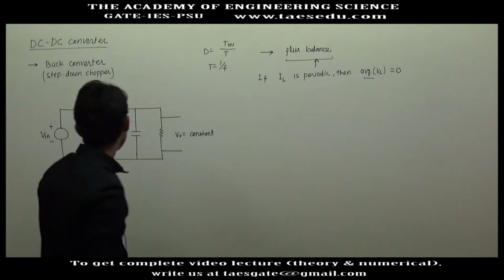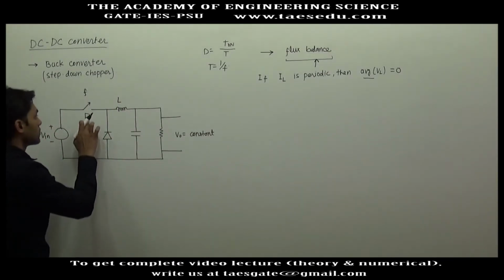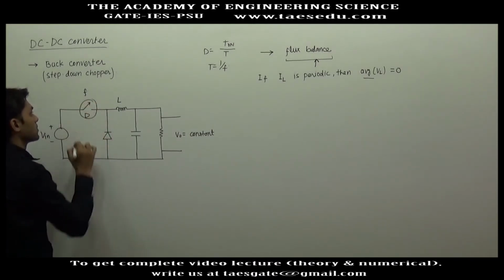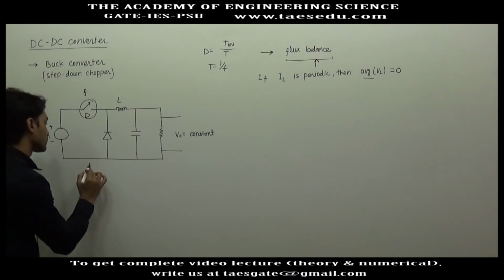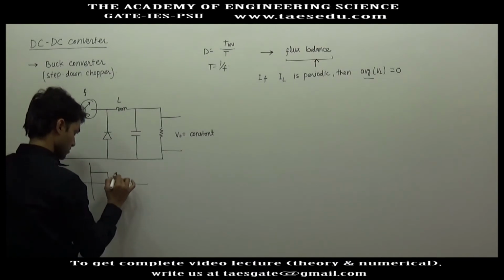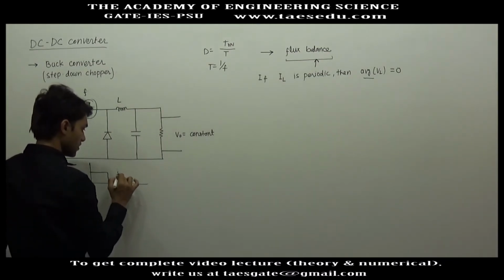Okay, what happens in this circuit? The switching operation of this switch is periodic, meaning in one cycle you are connecting this switch for some time and then you are turning it off, and the same thing is repeated for the next cycle.